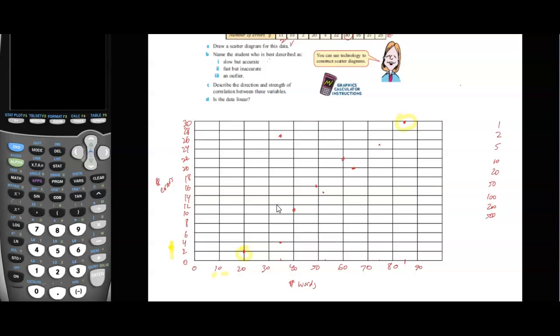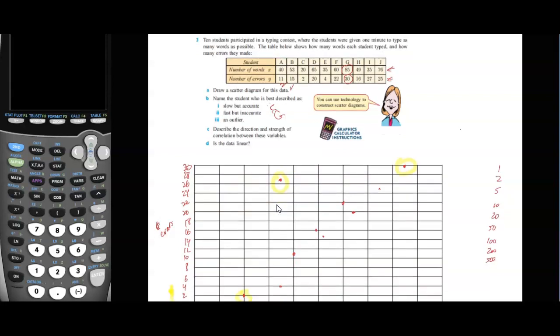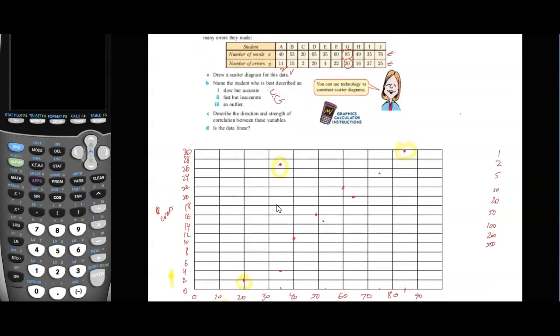So that would be 85, 30. 85, 30 is person G. So we'll put C for the first one, G for the second one. And who was the outlier? The outlier would be this person here. It's far away from the rest of the cluster. That would be 35, 27, which is person I.